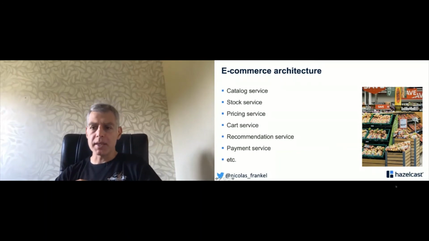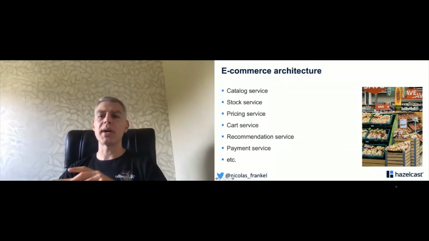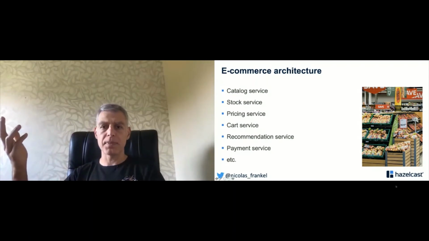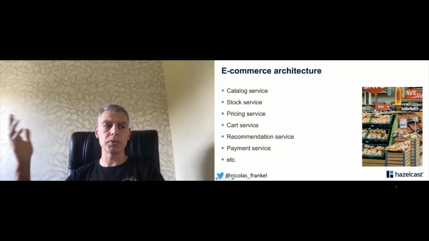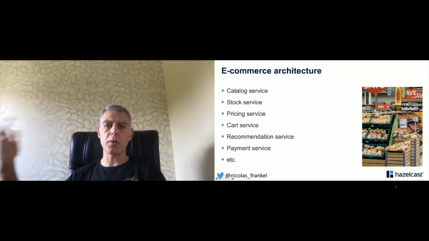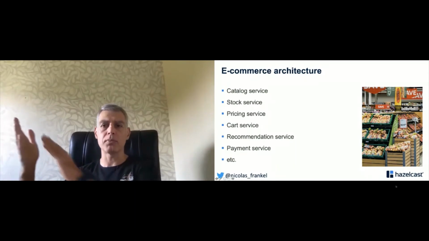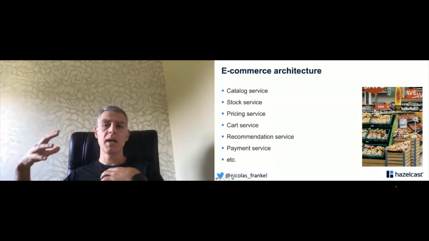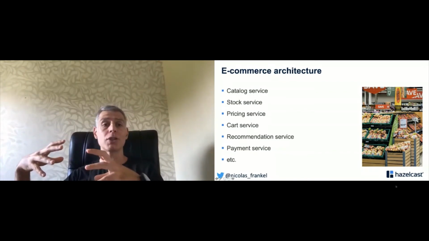And the problem is what happens if the pricing service is down? What happens if it's too slow? You don't want to leave the person hanging. You don't want to tell the person, hey, come back later, we cannot access the prices right now. What you want to have is a fallback. And what better fallback than the prices that you loaded previously? So this is a very good use case for cache.